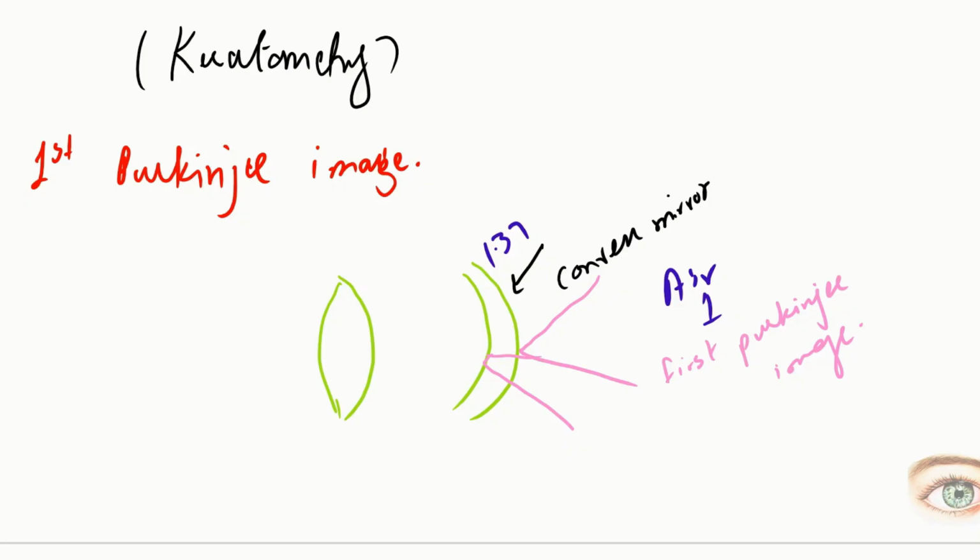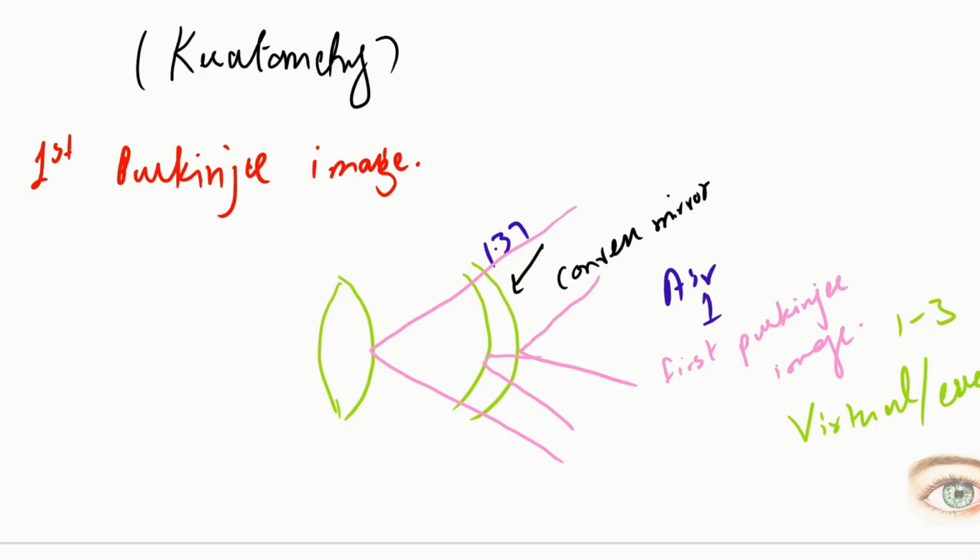Now, the third is going to form at the anterior surface of the lens, which also acts as a convex mirror. So the first three Purkinje images are going to be virtual and erect. First, three, one.